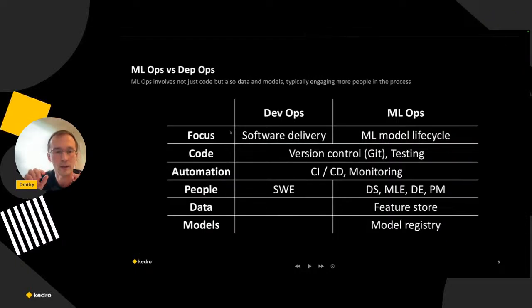If we look at the differences between MLOps and DevOps, there are actually many similarities between them. You can see on the top that the focus of DevOps is software delivery and MLOps is the ML model lifecycle. Both of them need to take care of code because both are based on a code base, and you need to store this code somewhere, using version control systems like Git.